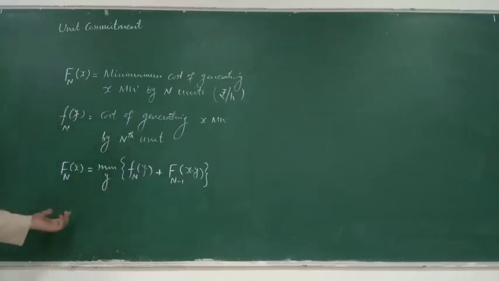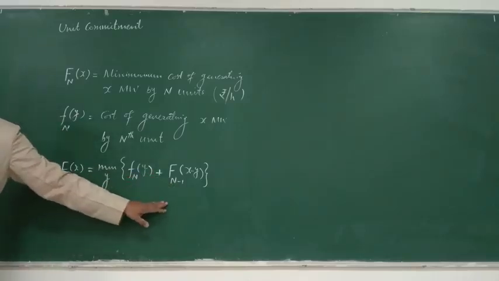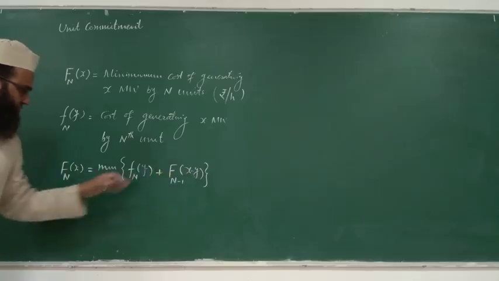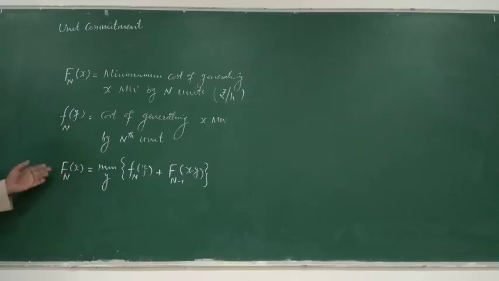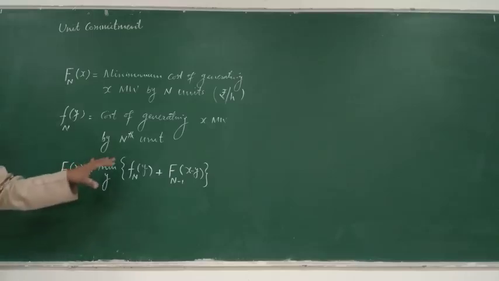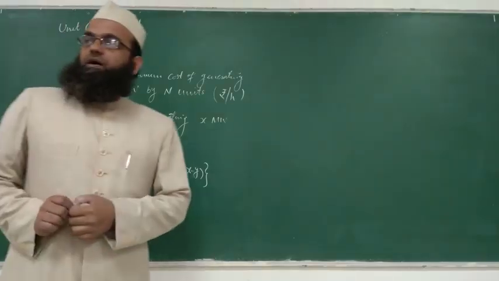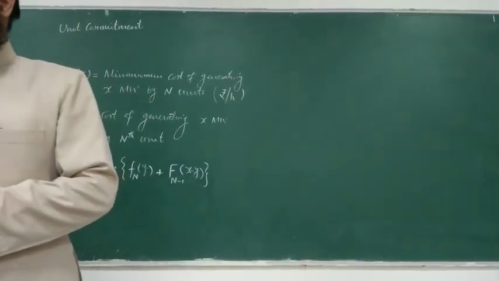So how many units? n minus 1 plus 1 is n, and total generation x minus y plus y is x, and we have used minimum here. So this says that the minimum cost of generating x megawatt from n number of units. So we have formulated this recursive relation, and we will use this to prepare the optimal unit commitment table.